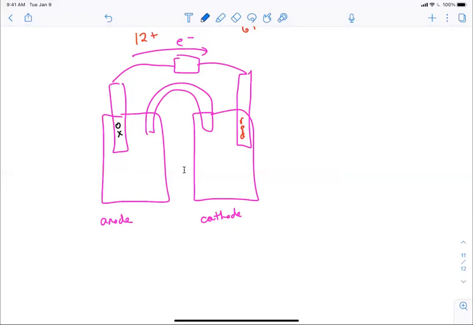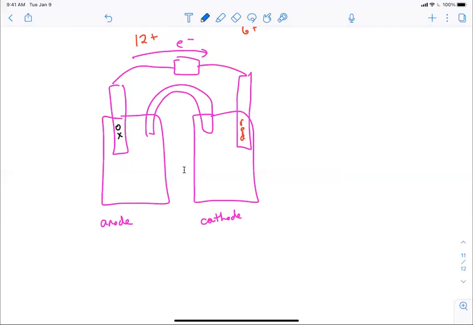Okay. Also, for electrolytic cells, remember, for SL, it's molten salts. And they should always go to their elements. So no matter what ionic molten salt you get, just produce the elements. You have MgCl2. It makes Mg plus Cl2.